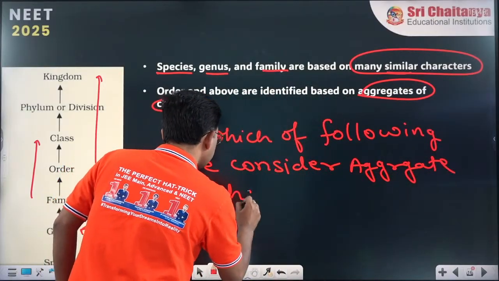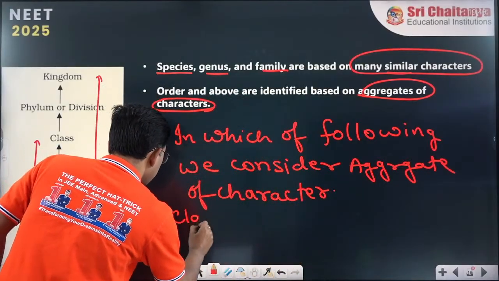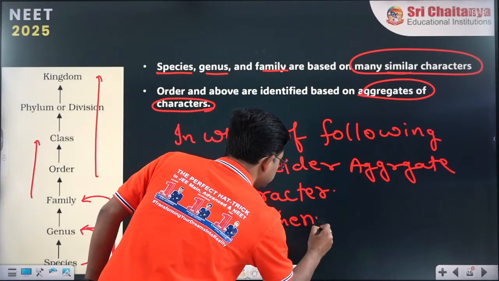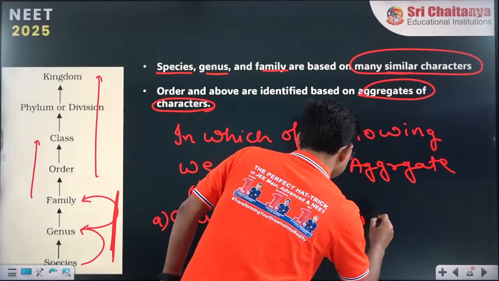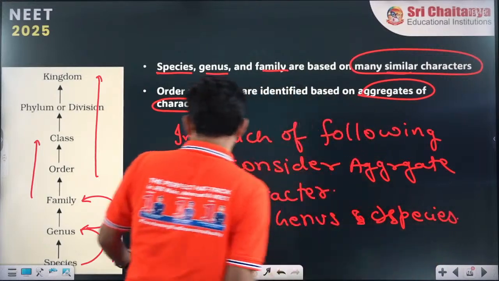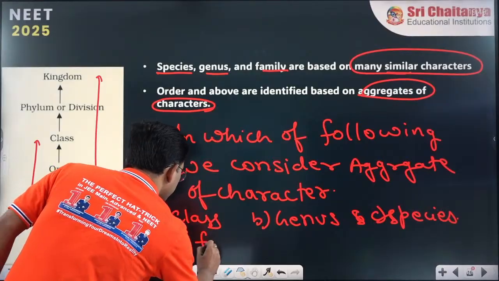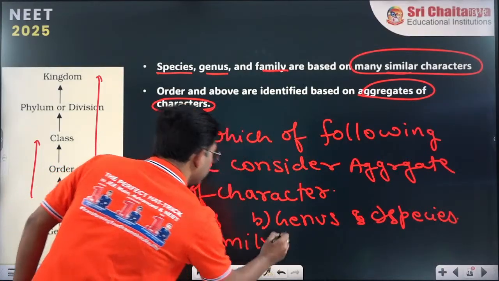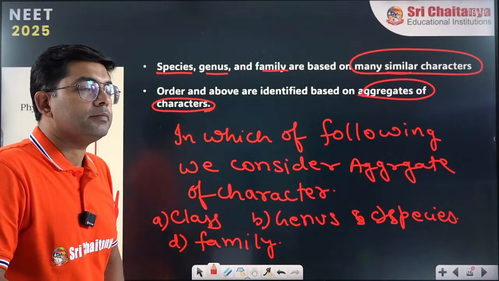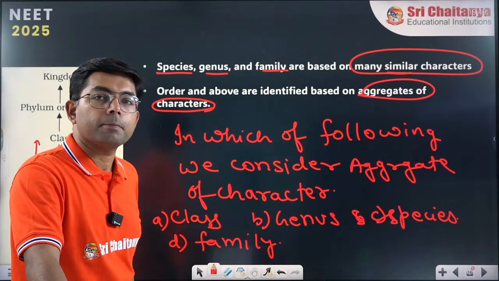The options are A, class; B, genus; C, species; and D, family. What will be the answer? Quickly tell me. In which of the following do we consider aggregate of character?